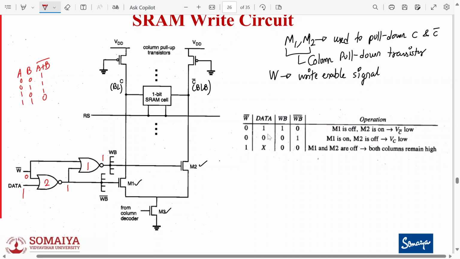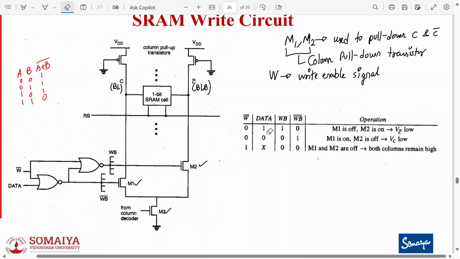So M2 is on and M1 is off. Just check. So W bar will be active, means W bar will be 0. So how to check? Please check it.